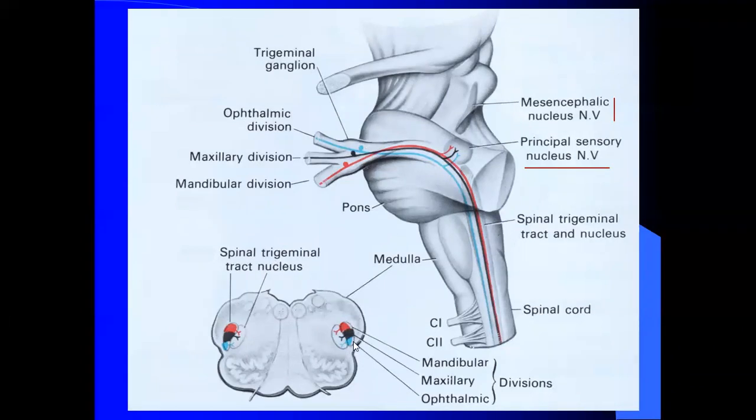Okay, ophthalmic being the most ventral. And here they come in, giving off some of these going down to the spinal trigeminal, and some of them going up to the principal sensory. They don't show the fibers traveling to the mesencephalic nucleus, but this is a good diagram to show you the location of the mesencephalic nucleus on that last crescent violet. We just caught the tip of those there.